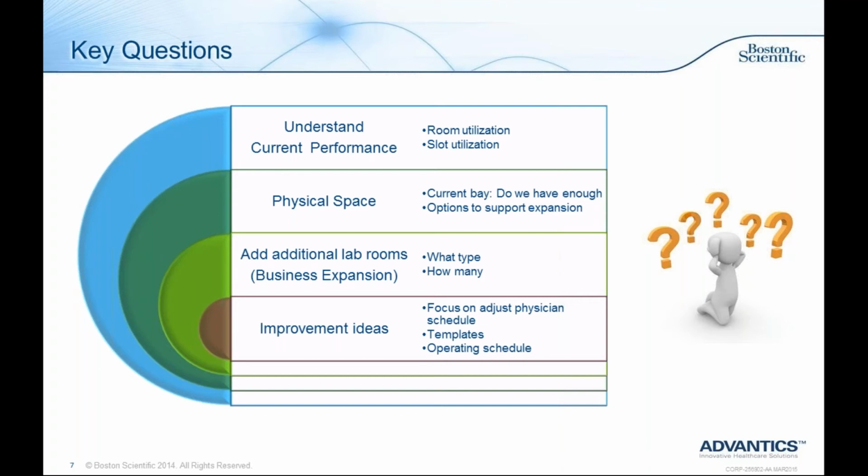Based on the baseline performance, we ended up presenting 12 scenarios. I'll go through them briefly, but I'll take 2 scenarios and take you through the details. The 12 scenarios were made to improve utilization by adjusting physician schedules and lab and bay operating schedules. The key takeaway here is that during the partnership process with Simulate, the leadership team also got a better understanding of what kind of questions they should ask.